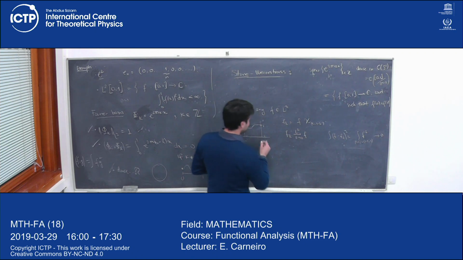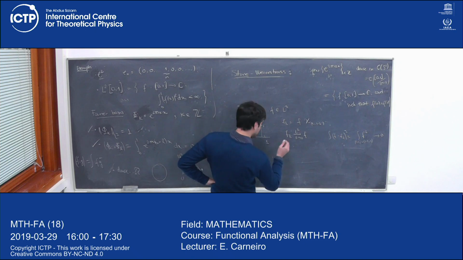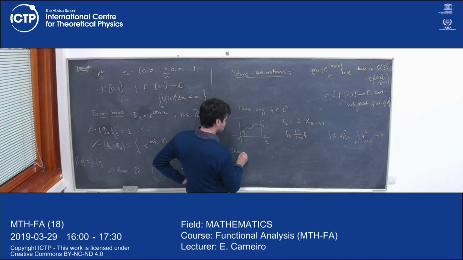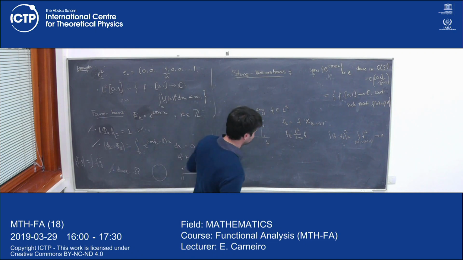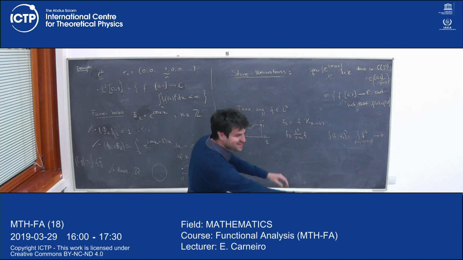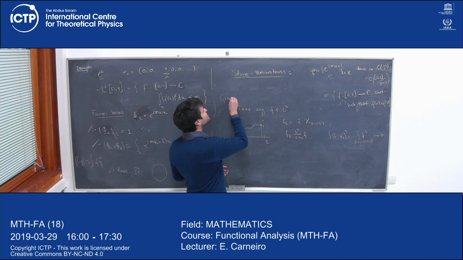And then you have a function whose support is away from 0 and 1. I have to give you the epsilon first. So I'm going to give an epsilon bigger than 0.